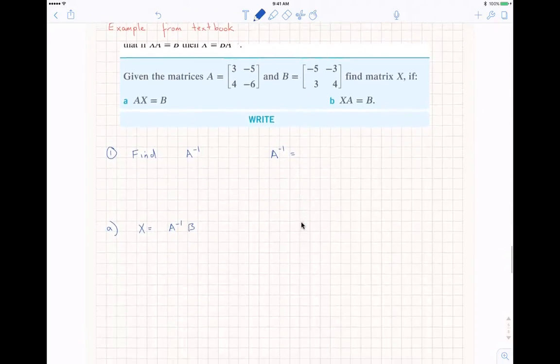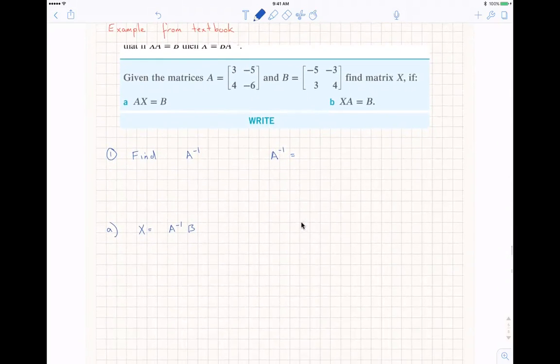So an example from the textbook just to finish off. If we're given two matrices A and B, and we have to find a matrix X, one in which we have AX equals B and one in which we have XA equals B. The first thing we have to do for both of them is to find A inverse. To find A inverse, we have 1 over AD minus BC.